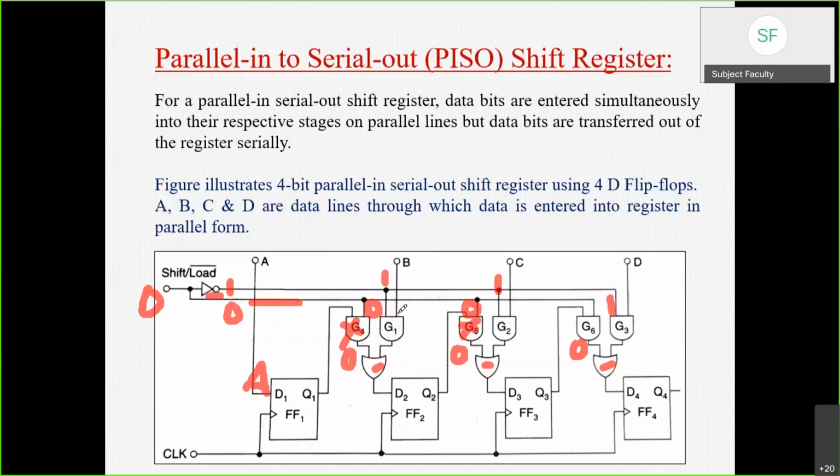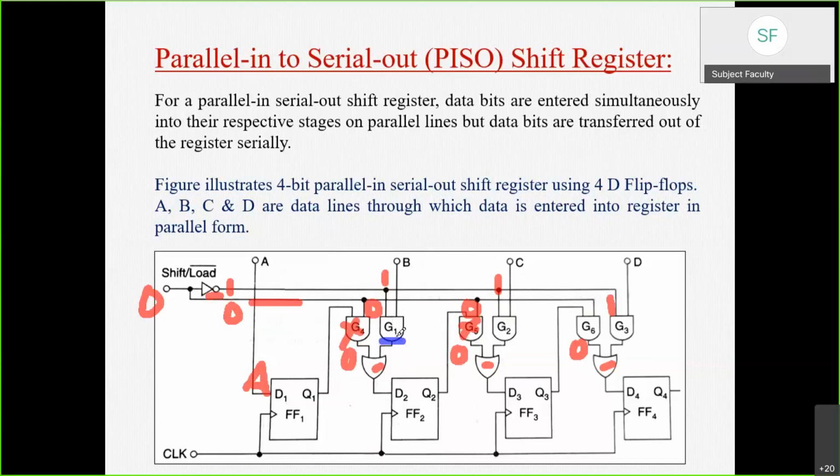Now come back to G1. If you observe G1, that is gate 1, an AND gate, one of the inputs to the AND gate is 1. That means whichever is the second input, if it is 0, then the output will be 0. If it is 1, the output of G1 will be 1.